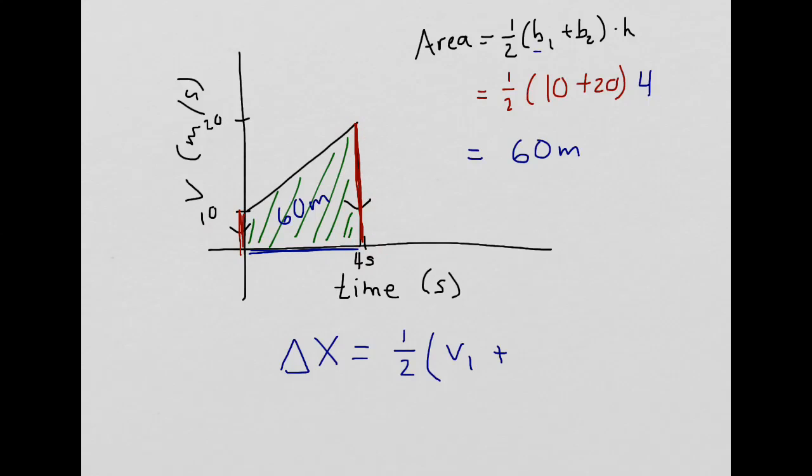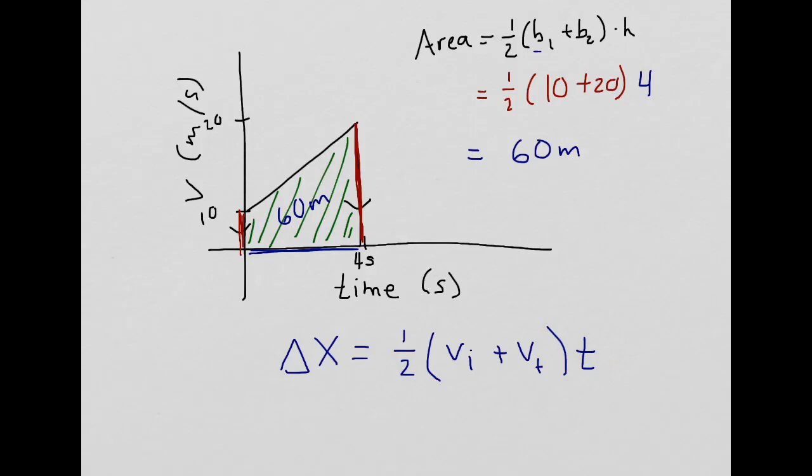So I can call that VF, sorry. Let me erase that. So final velocity. And that's initial velocity. And then the height, this, corresponded to my time. So I'll call that t. So we see by looking at this formula that displacement, when acceleration is constant, is the average of the final and initial velocity times time.